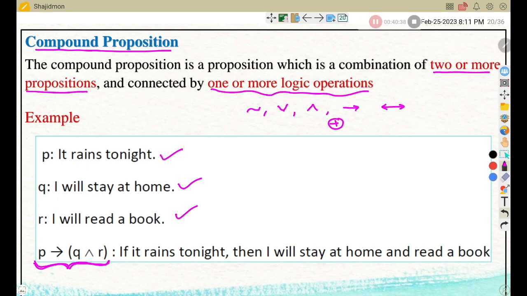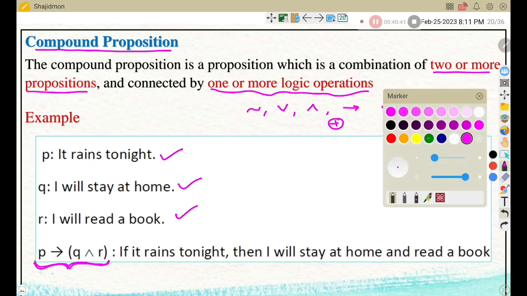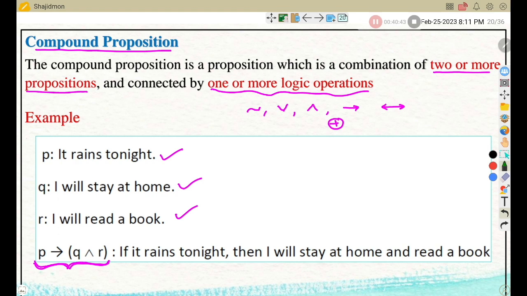So how to write this compound proposition in English? First write P. What is P? It rains tonight. But here the arrow is there. Arrow means if P then Q. So first we need to start with "if" and "then." That is the arrow. So, if it rains tonight, comma, then, what is the then statement?